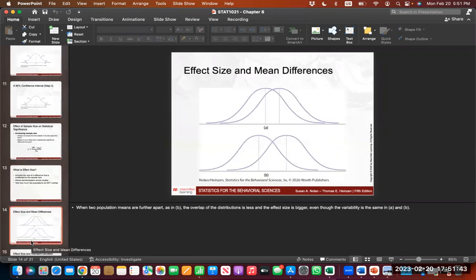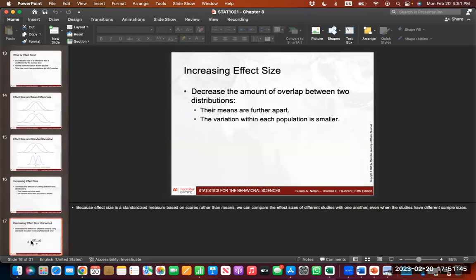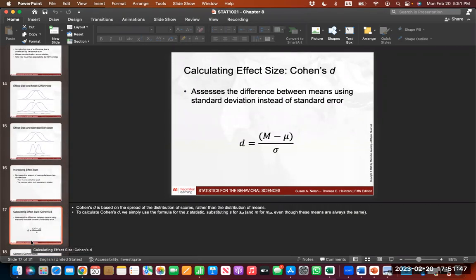You calculate it with the formula here, the so-called D, Cohen's D. So you calculate D as the difference between the sample mean and the population mean, dividing it by the standard deviation only. Please do not confuse standard error of the mean and sigma.